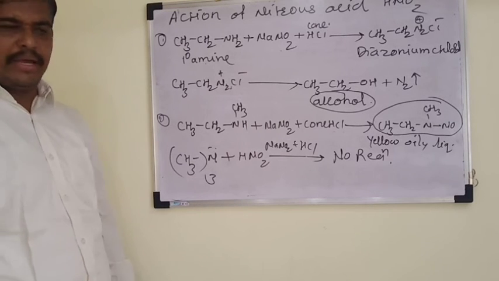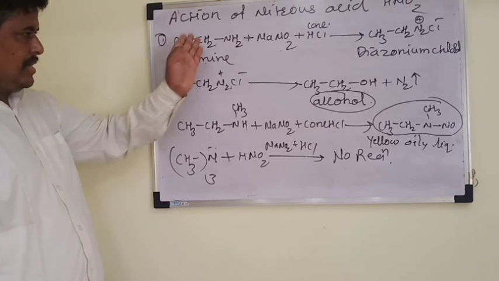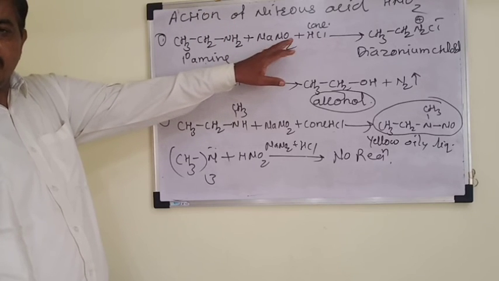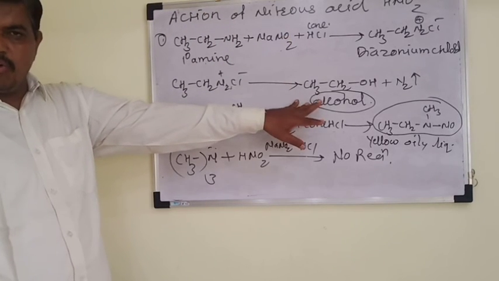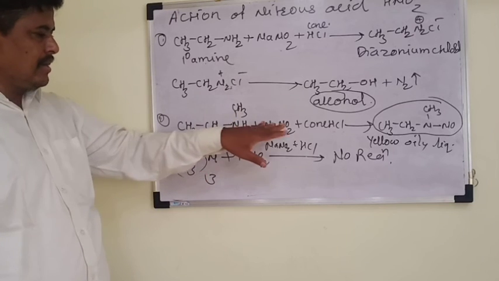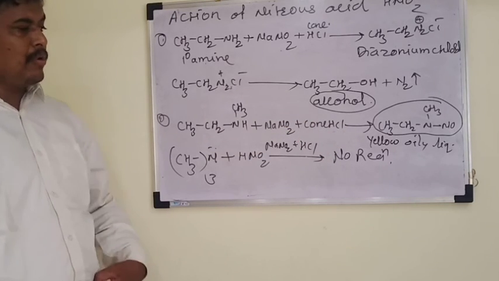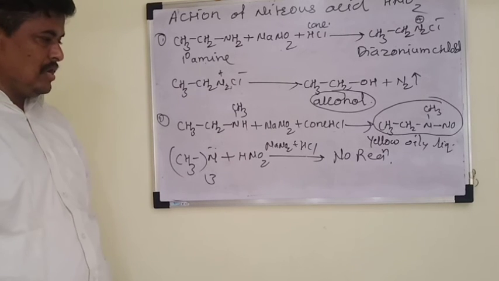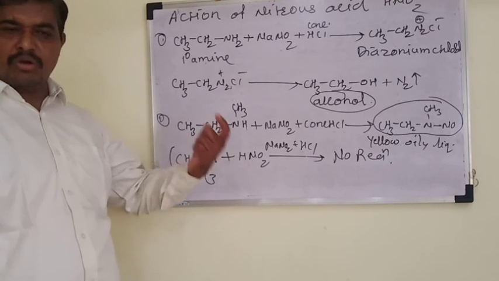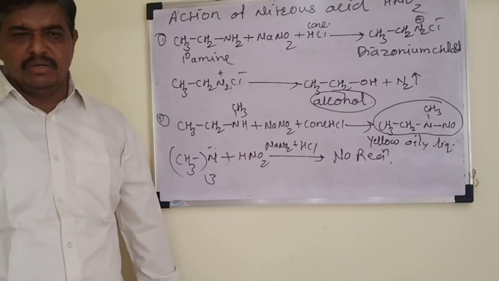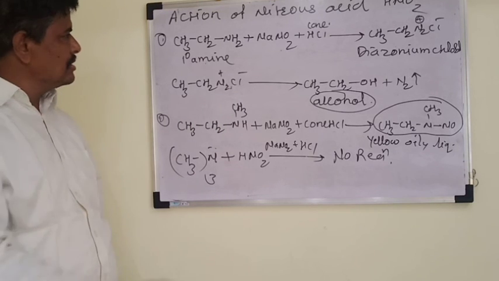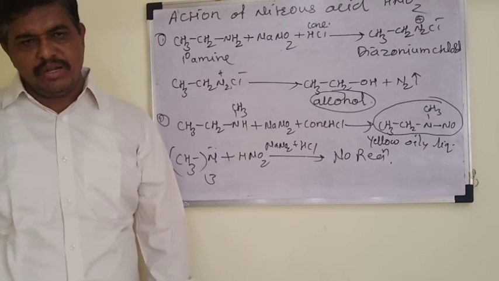Remember that primary amine reacts with NaNO2 HCl or nitrous acid to form alcohol. Secondary amine reacts with NaNO2 HCl to form N-nitrosoamine, which is a yellow oily liquid, and tertiary amine gives a salt or does not react with nitrous acid. So this is about action of nitrous acid. So write this reaction.